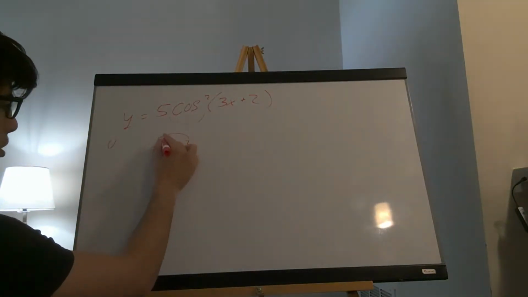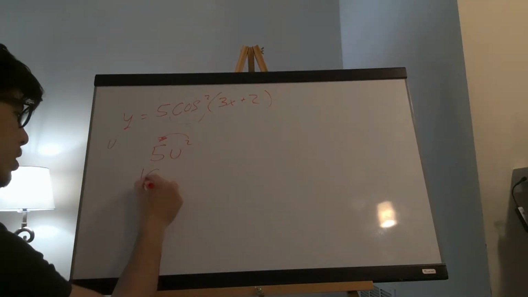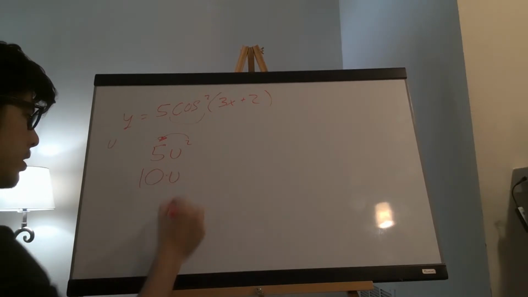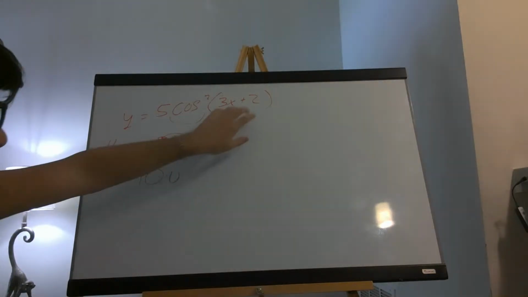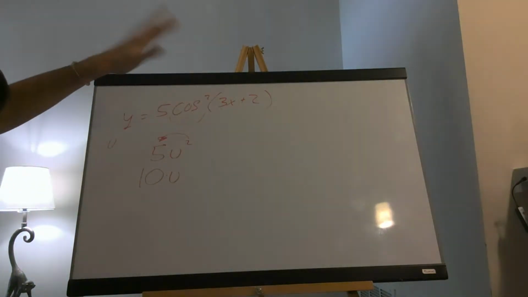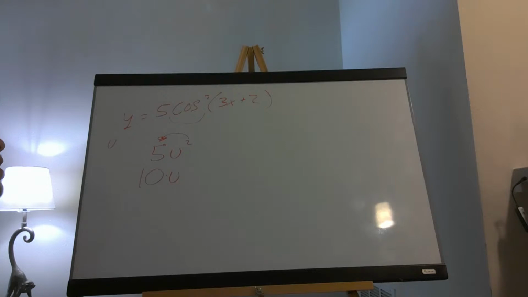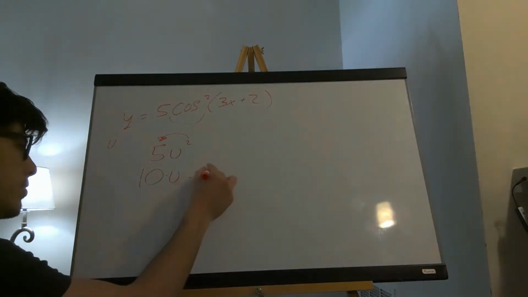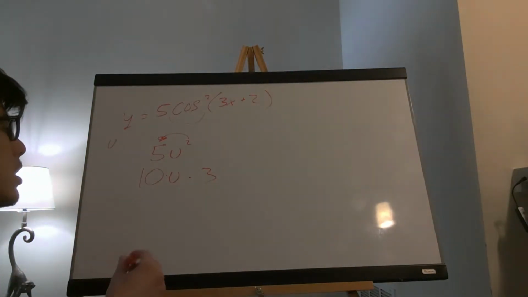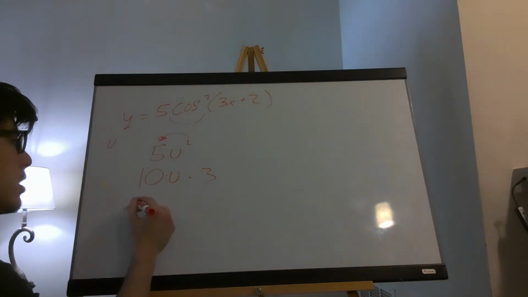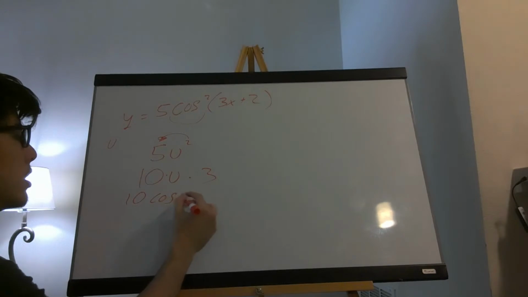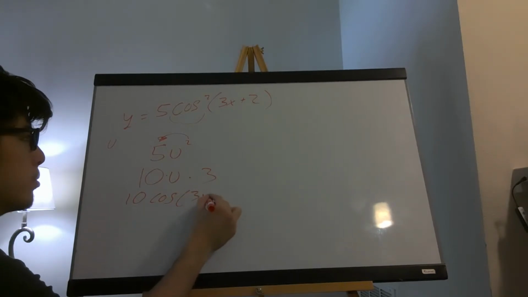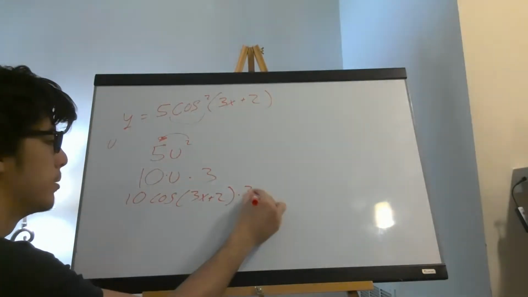We're just going to take the derivative of the outside. That's going to give us 10 times U, because we're not changing this stuff right here. We're changing all the surrounding stuff. And then we're going to multiply by the derivative of U, which is 3. So that's going to give us 10 cosine 3x plus 2 times 3.